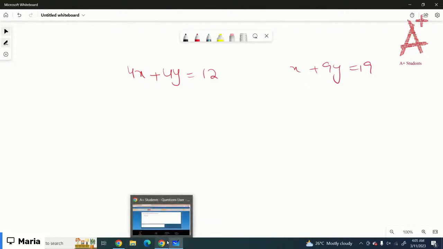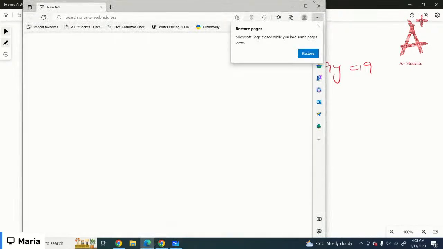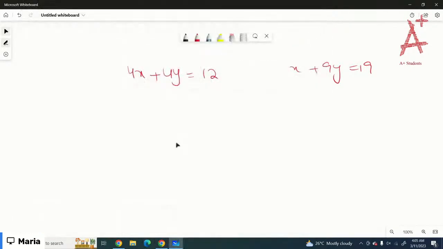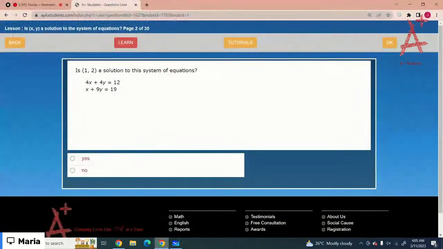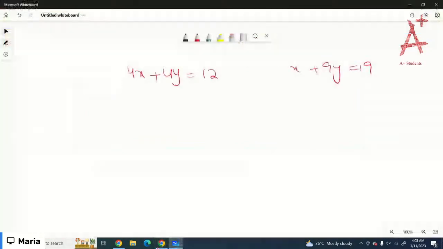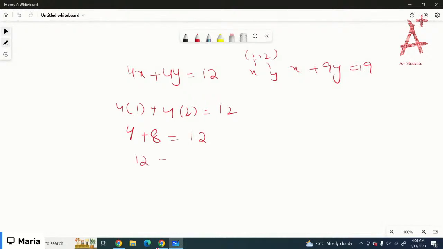Let's see, this is the x value and this is y. It would be 4 times 1 plus 4 times 2 equals 12. 4 times 1 is 4 and 4 times 2 is 8, and 8 plus 4 is 12. So both sides of the equation are equal. So the correct option is true.